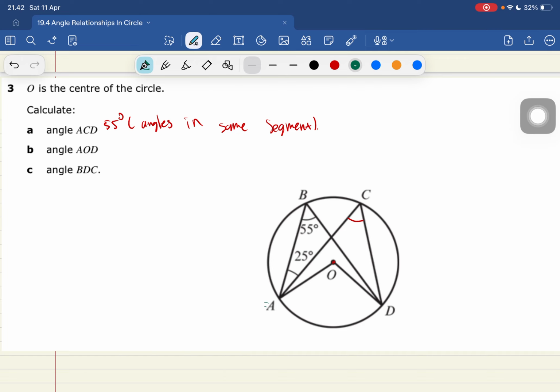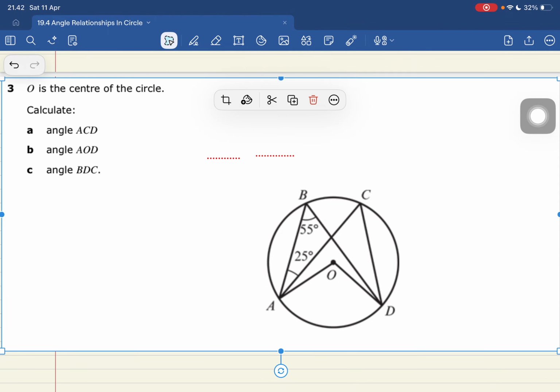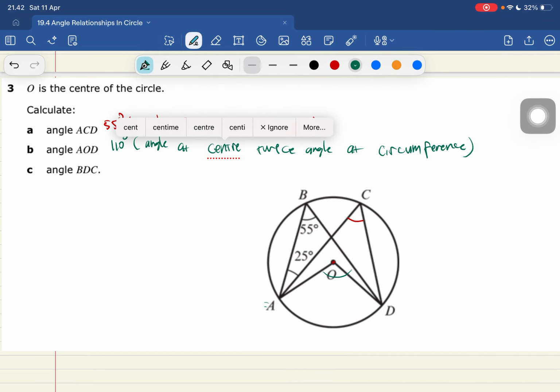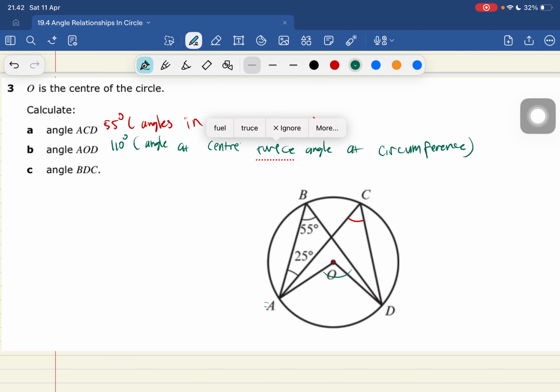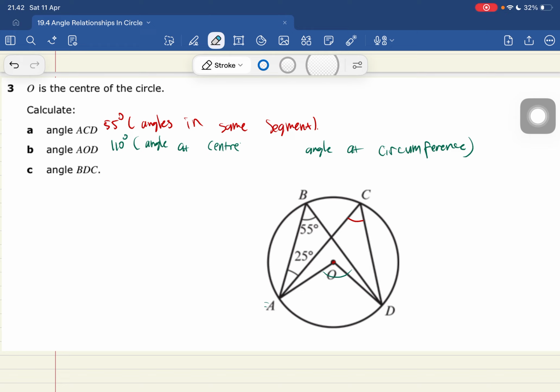It's just double 55, which is 110 degrees, because the angle at the center is twice the angle at the circumference.